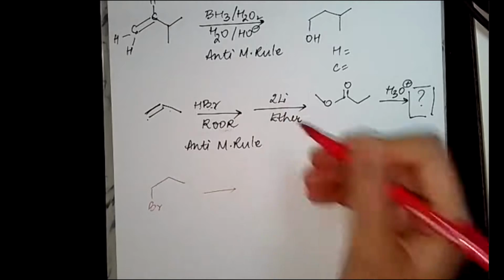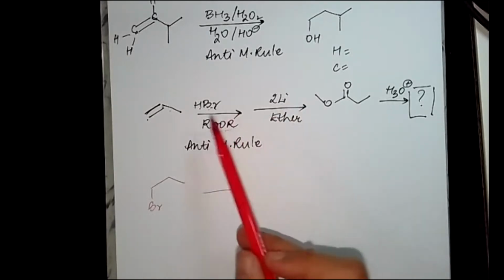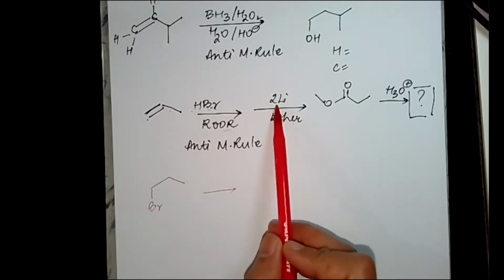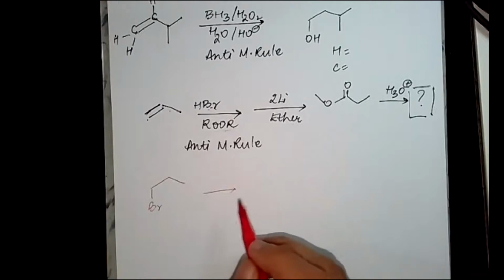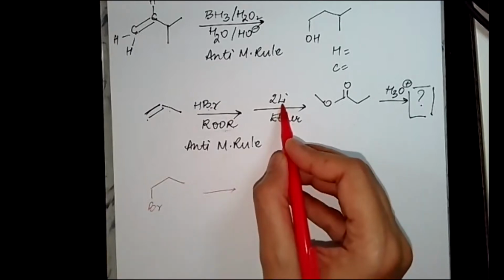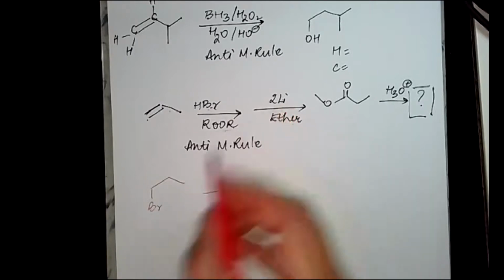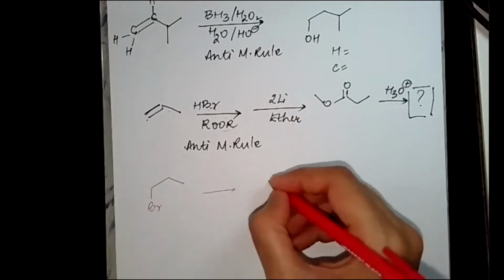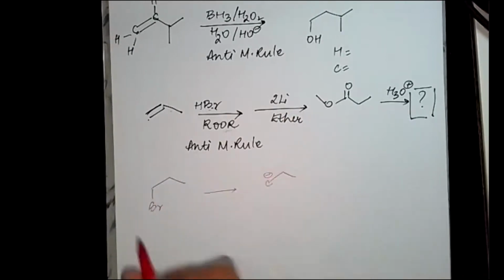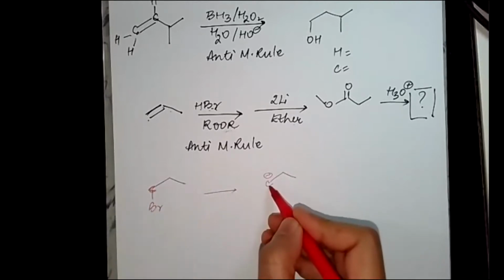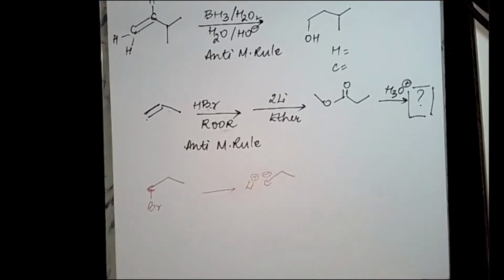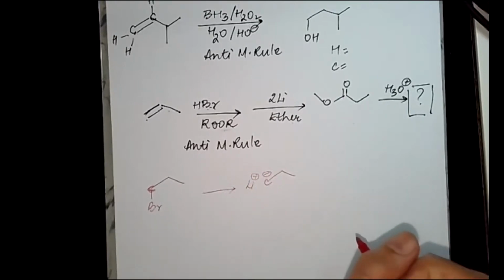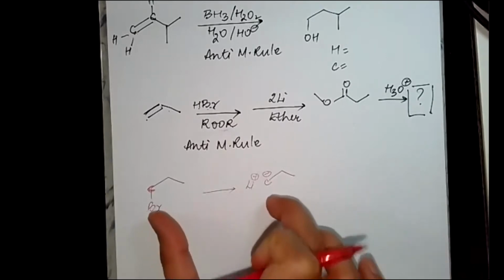followed by lithium and ether. What happens when you combine lithium with any alkyl halide? With any alkyl halide and a metal like lithium or magnesium, you are going to get a C negative. So this C is going to become a C negative, and an organometallic reagent will be generated. Do you all understand this part?